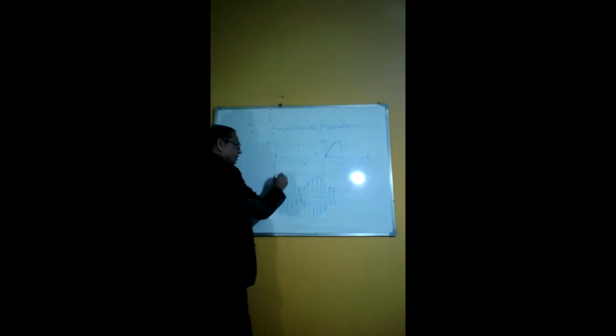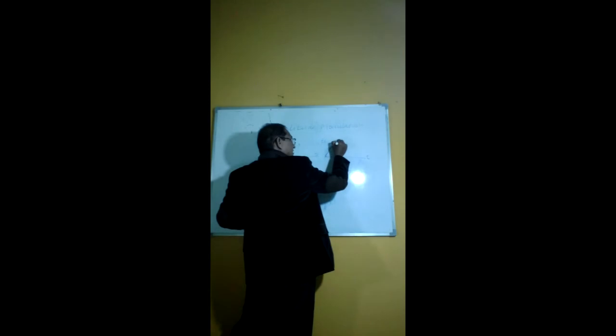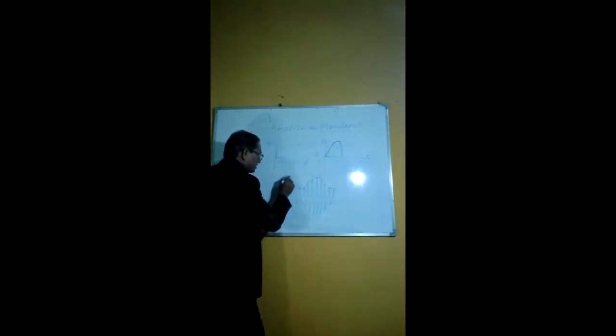On the other hand, when the signal amplitude is falling, we also reduce the amplitude of the carrier in accordance with the signal. So this is amplitude modulation.